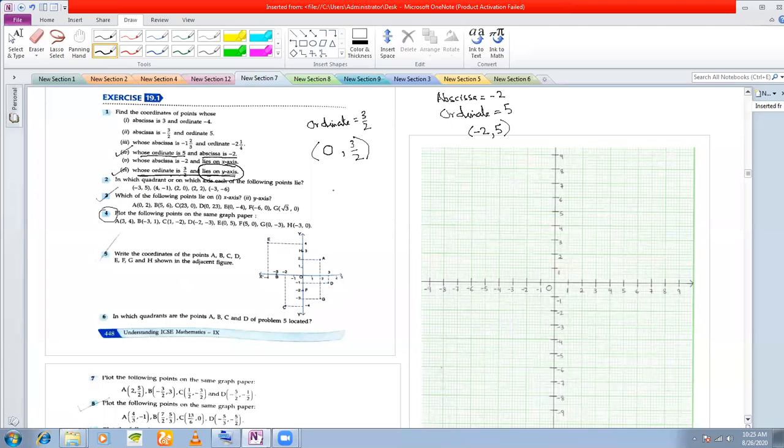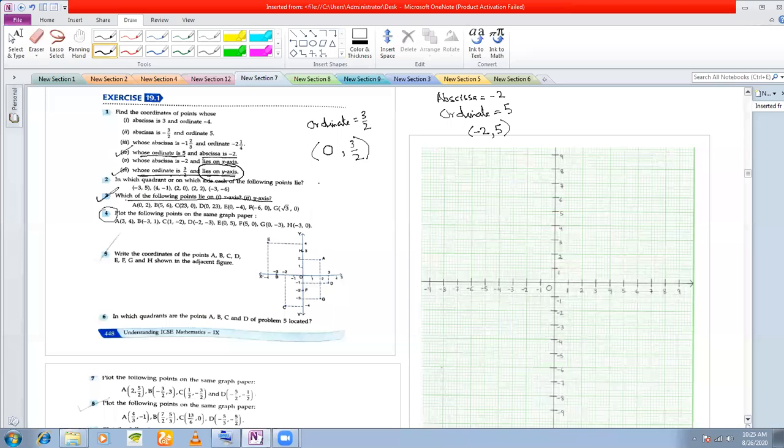Sir, no question. Fine. Then we move to the next question. I have 4 minutes left, so I think I'll be able to do this. Number 3. For this you don't need graph paper also. Which of the following points lie on the x-axis and the y-axis?